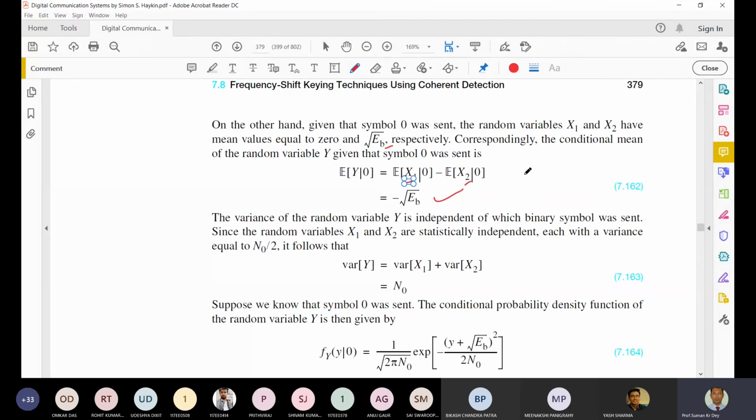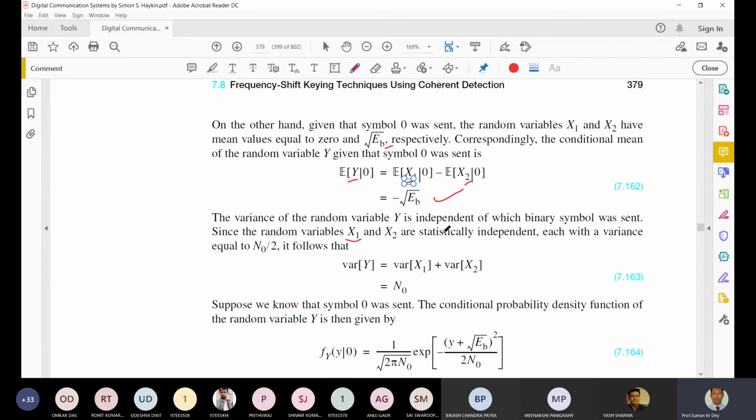Now if we want to find the variance: Y is a random variable and it is independent of which binary symbol was sent, so the variance of Y does not depend on the transmitted value. As we discussed in the earlier topics, the two variables x1 and x2 are statistically independent.